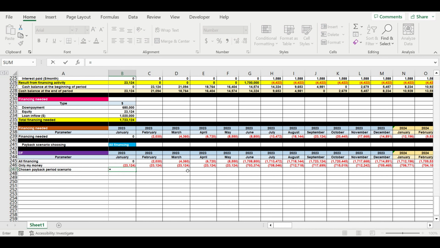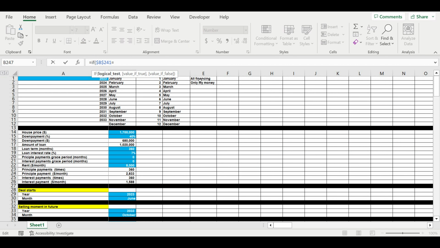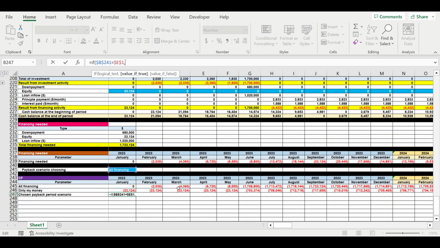and here I will write a simple formula: if this value equals this, then we will place here this value, otherwise we will place this value.